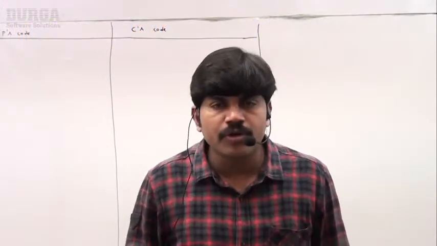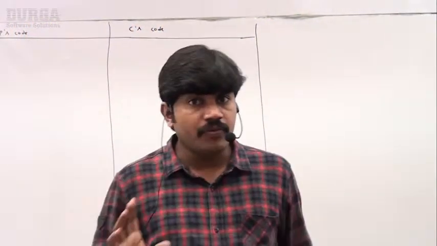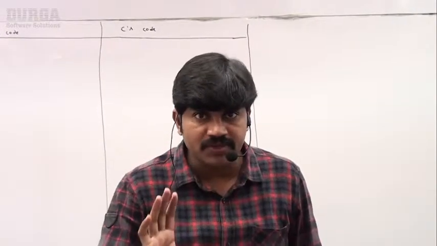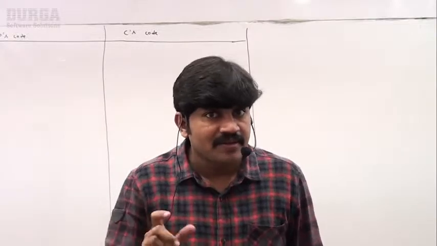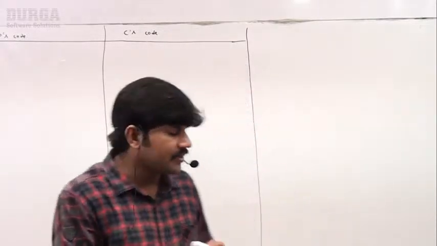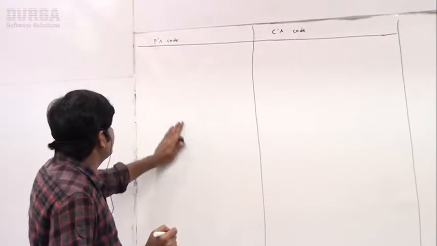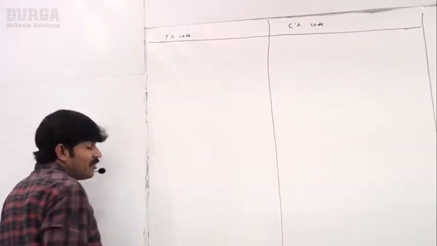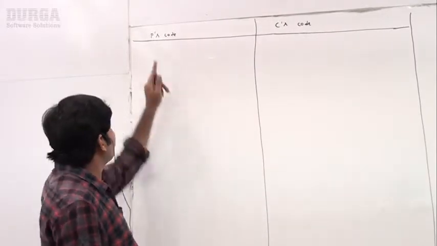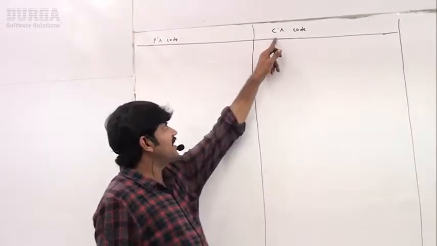In the last video, we covered very clearly what a default constructor is and what rules there are. Now let me add some extra masala related to this default constructor. Observe carefully: P's code, C's code.